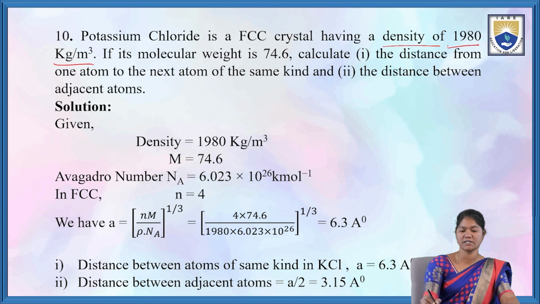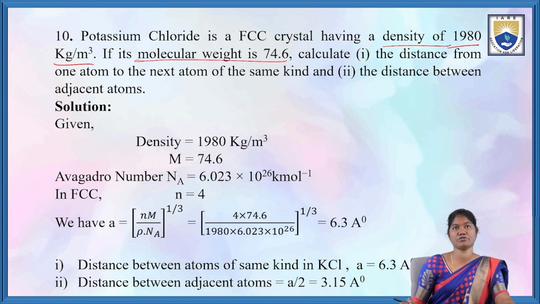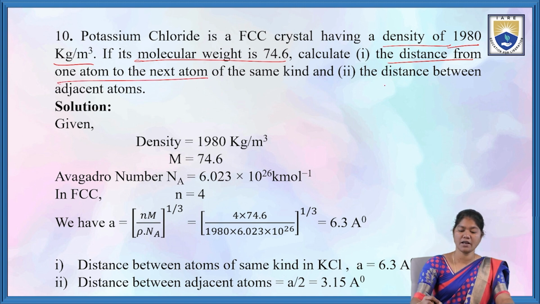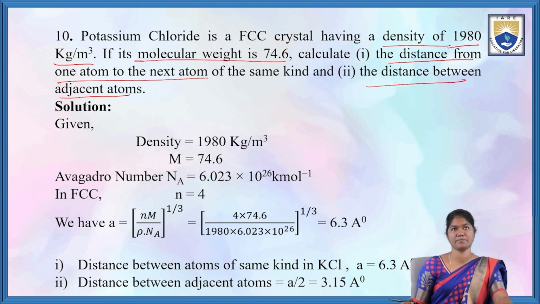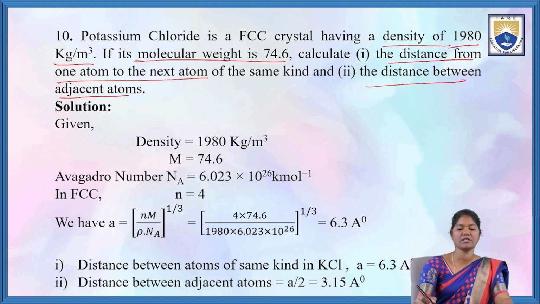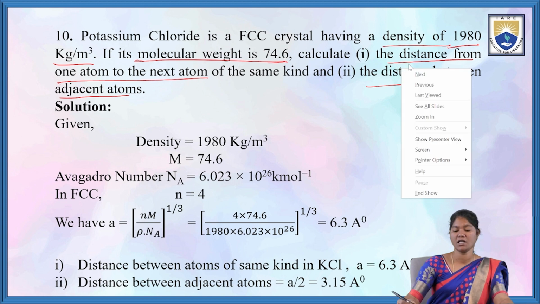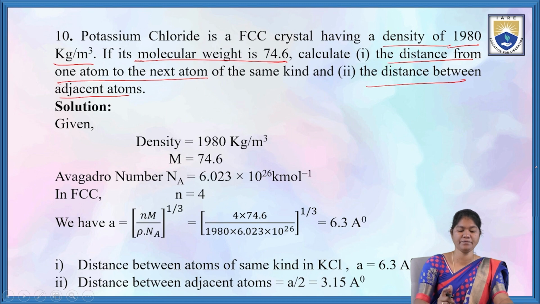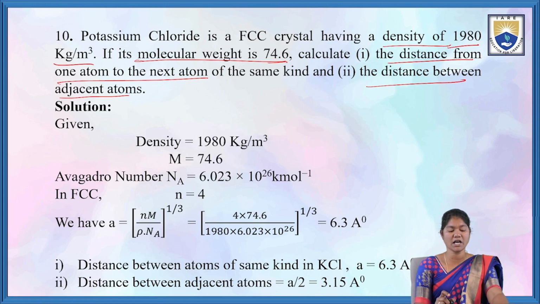If its molecular weight is 74.6, then calculate the distance from one atom to the next atom of the same kind, and then the distance between the adjacent atoms.